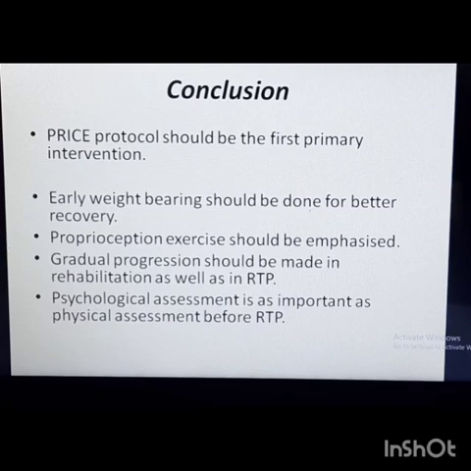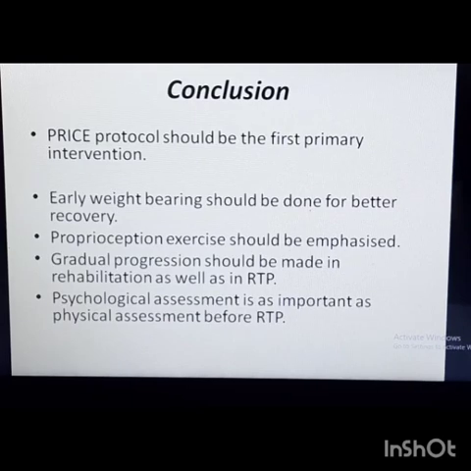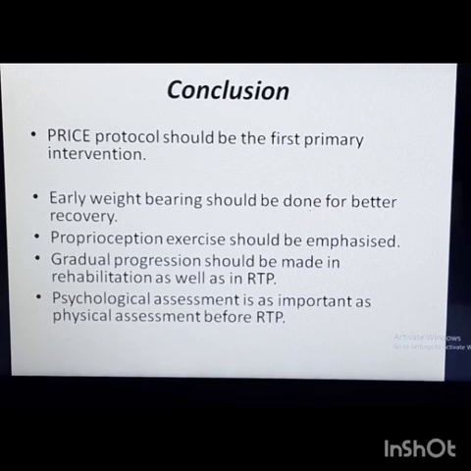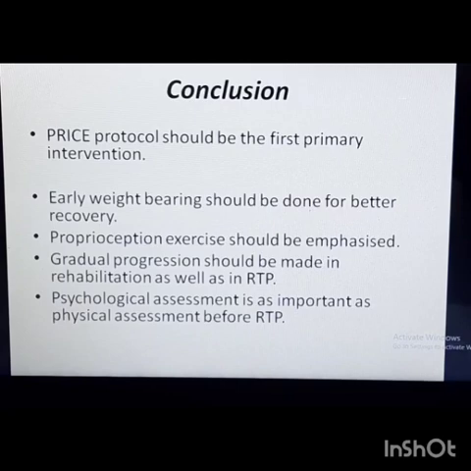Psychological assessment is as important as physical assessment before return to play. As I said, psychology plays a very important role when the injury is of long duration. Long term injury has a very detrimental effect on the psychology of an athlete.